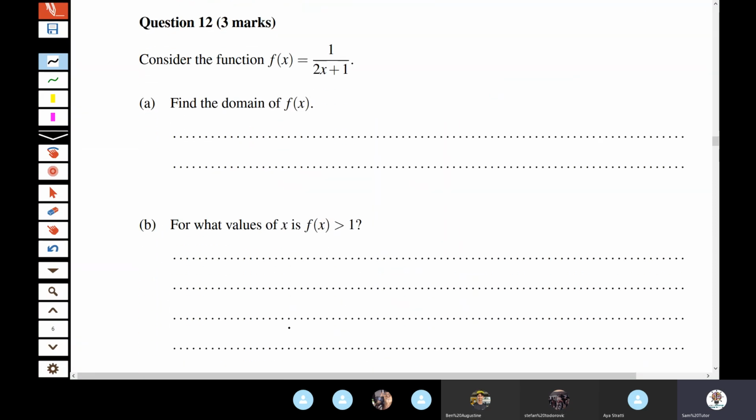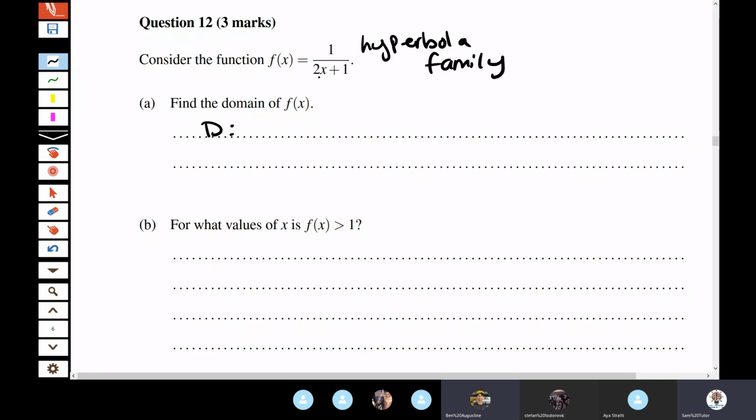Consider the function f of x equals 1 on 2x plus 1. Find the domain of f of x. Okay. What's the domain? Just so you guys remember, this is from the hyperbola family. But yeah, what's the domain?